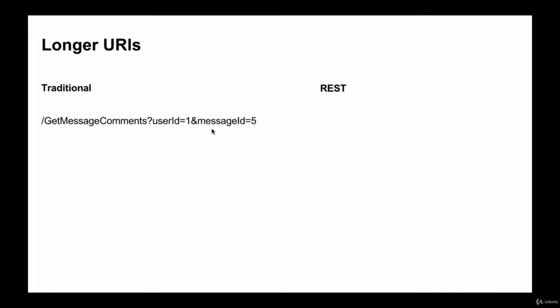But if we follow RESTful style, we will have an HTTP GET request, and we will first refer to a collection of users, and then a specific user, and then a collection of messages, and then a specific message, and then all comments under that message. So you see, it's a little bit more readable and a little bit more predictable.